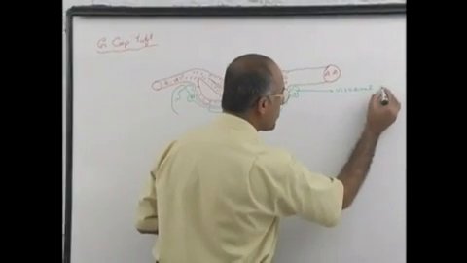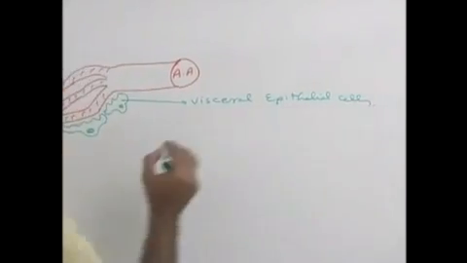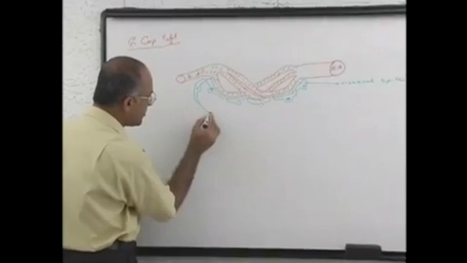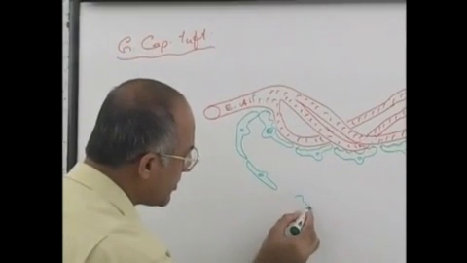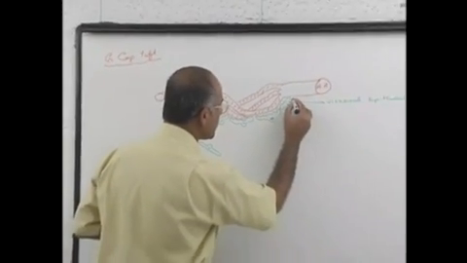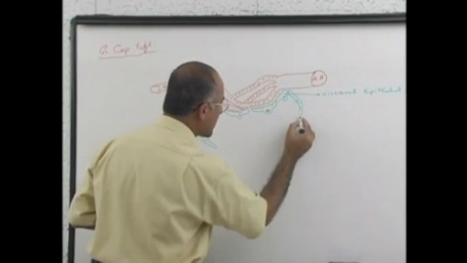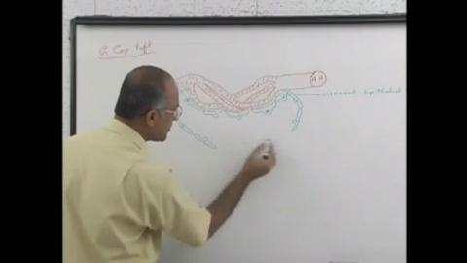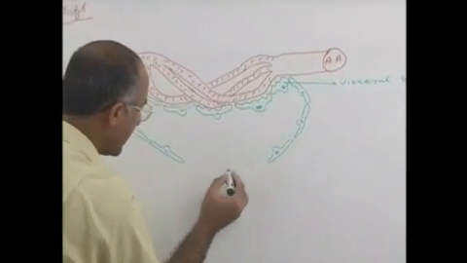Visceral epithelial cells. And then they are connected with another type of cells, and these cells are called parietal epithelial cells.